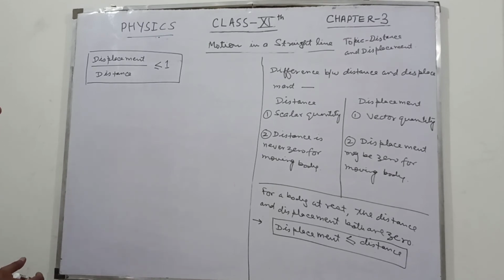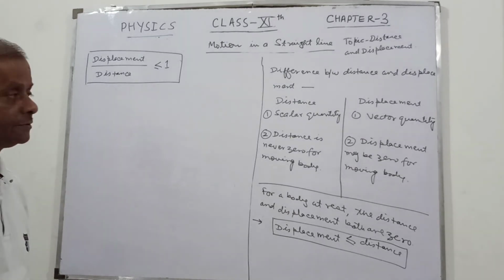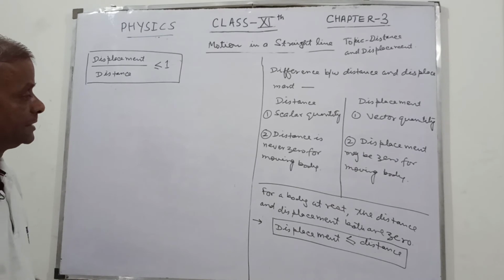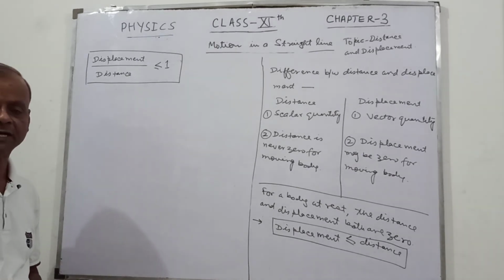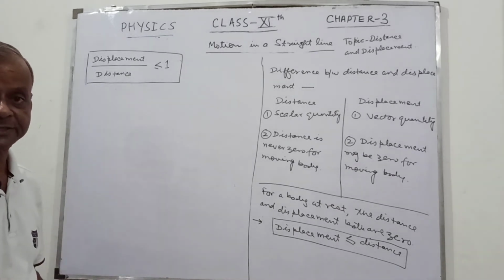So this is what the distance and the displacement are about. I think this must be very clear to you when I have told you with the help of these examples.